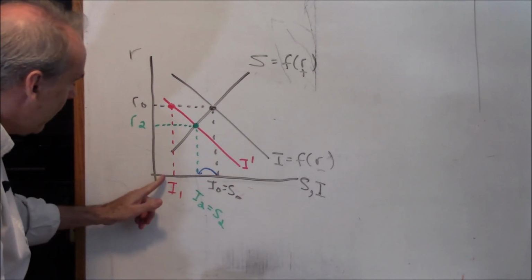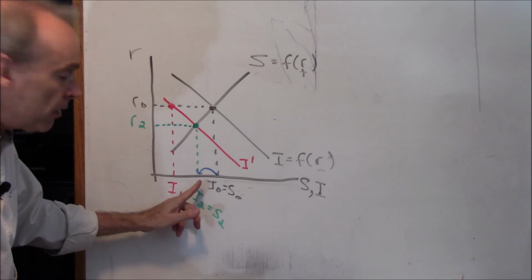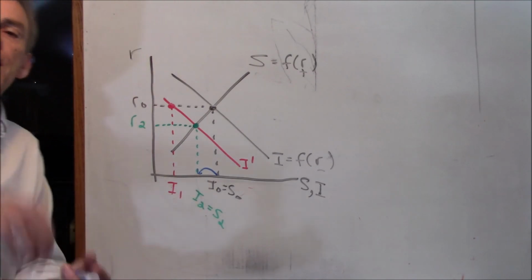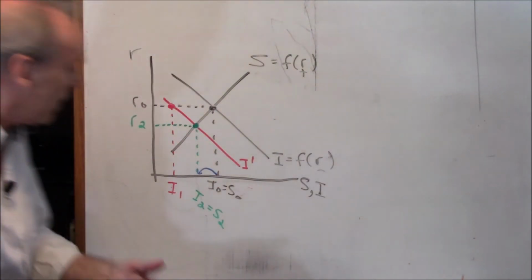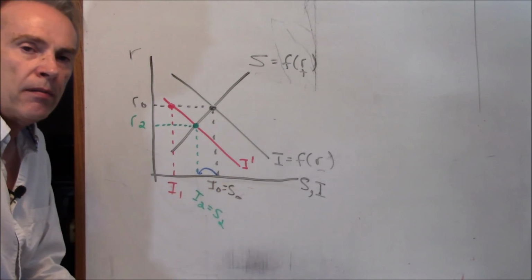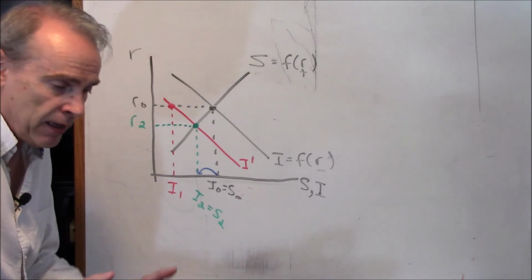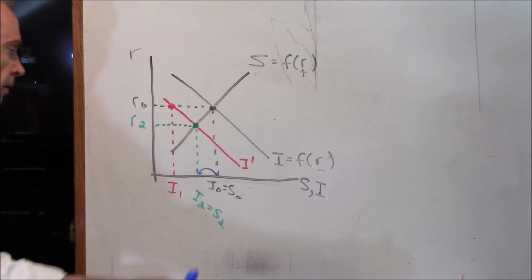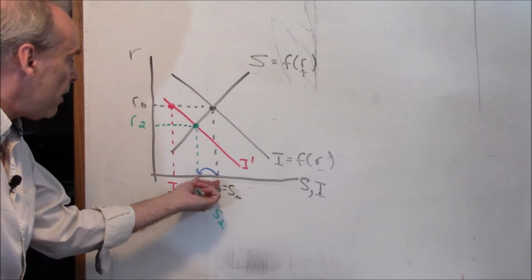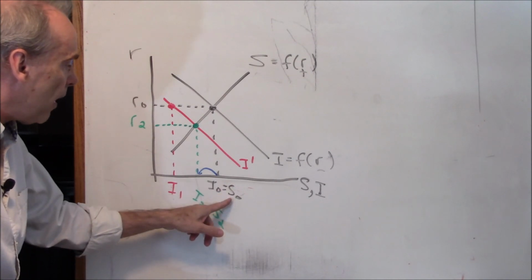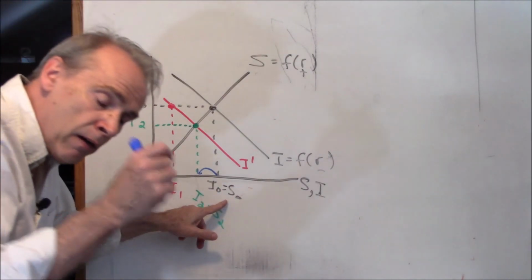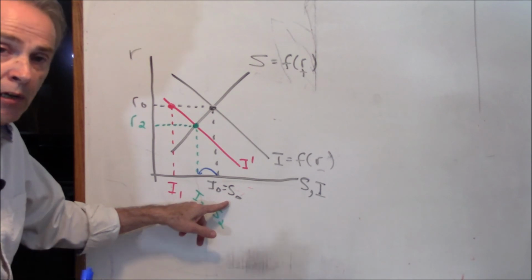Investment dropped down to here, but then it jumped back up some. So there's the net decline in investment. Notice it's the exact same size as the decline in savings, therefore exactly the same size as the increase in consumption.